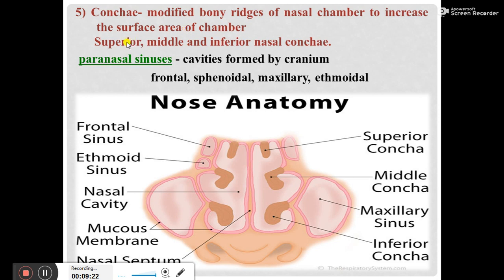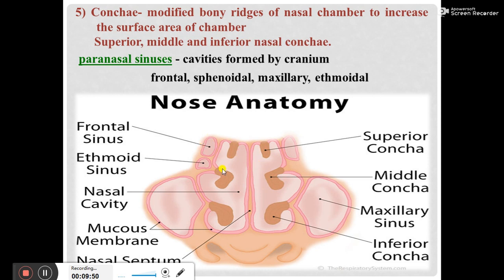There are 3 conchae, that are superior, middle and inferior nasal conchae. In the figure you can see this is superior, this is middle, and there is the inferior concha. So there are 3 nasal conchae in each nostril. This assists in increasing the surface area of the chamber of the nose.